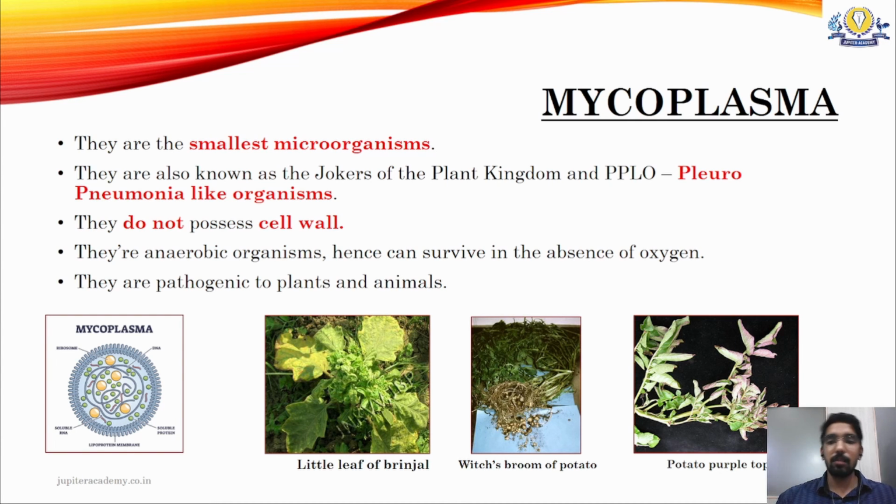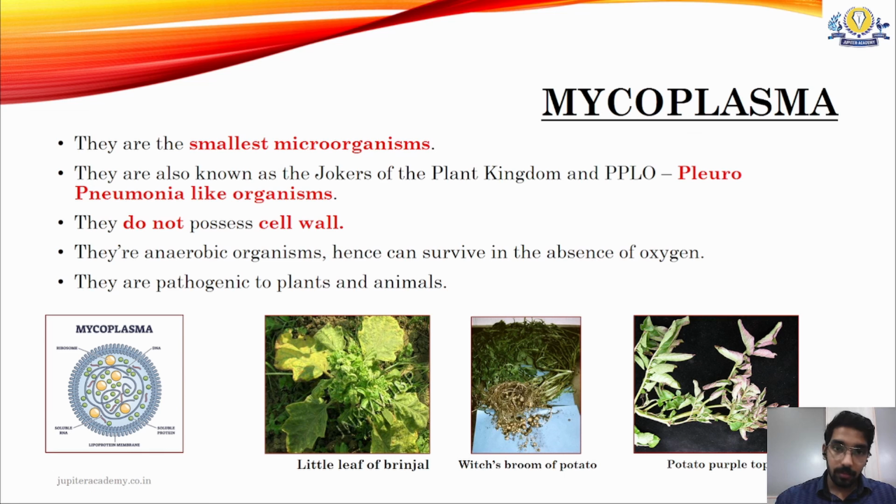They are also called PPLO, meaning pleuropneumonia like organisms, because when you get infected by Mycoplasma, it causes pneumonia-like symptoms, with water in the alveoli, in the lungs of human beings. These organisms do not contain a cell wall, a very important point.